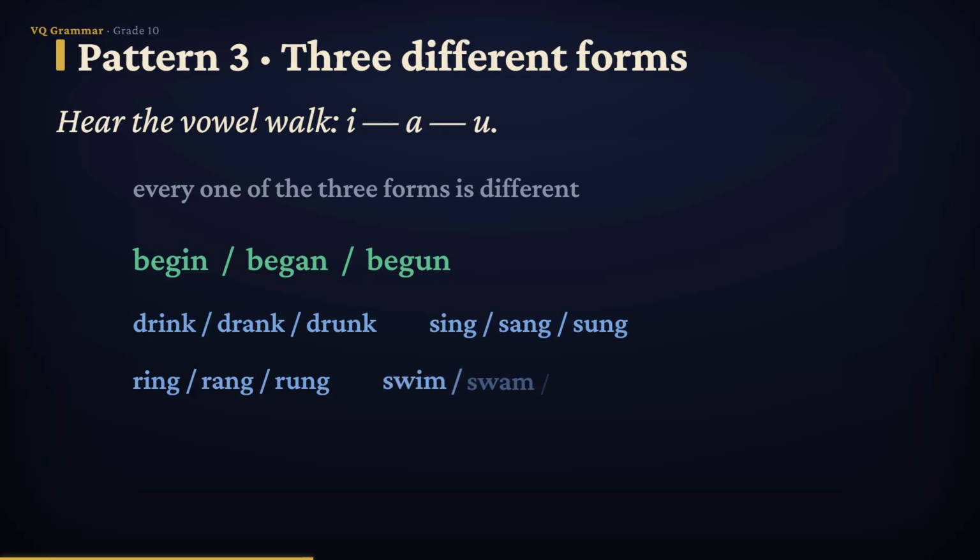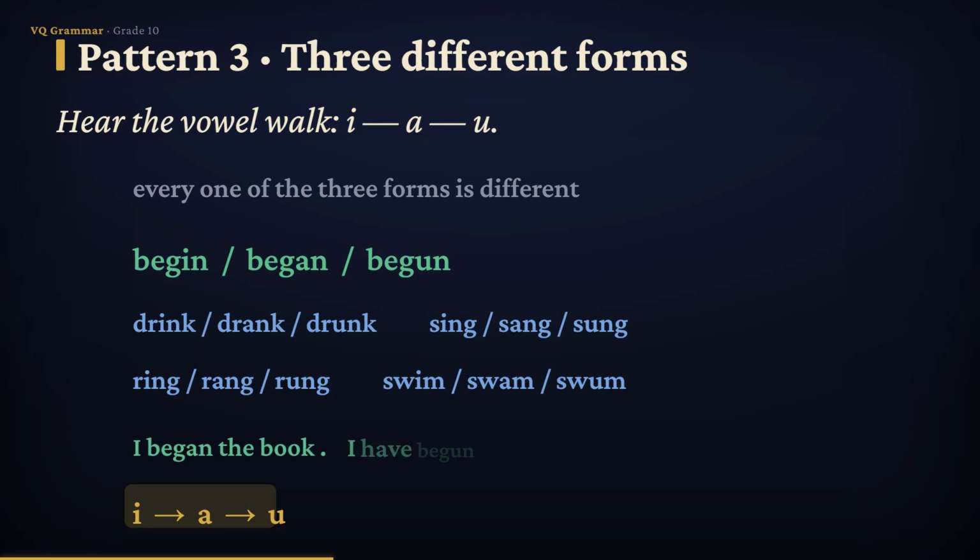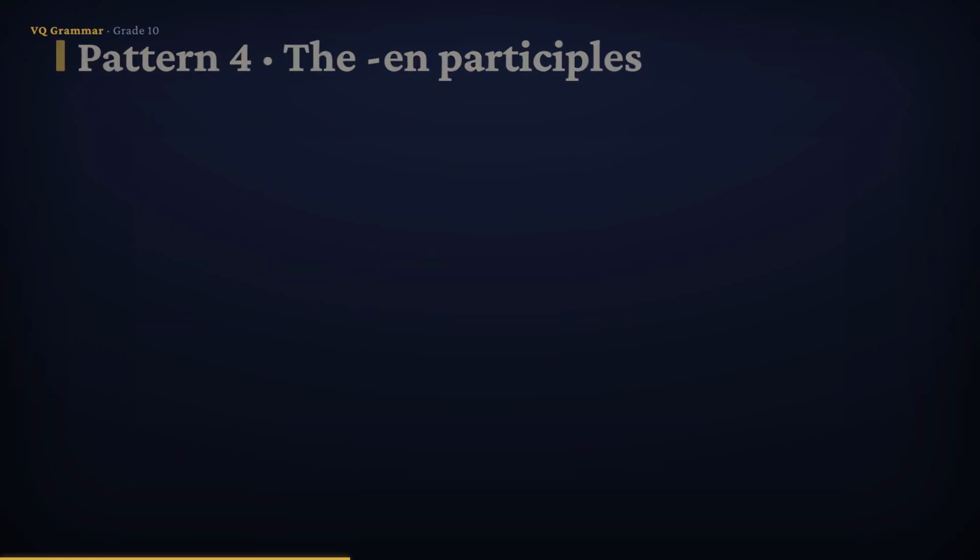Ring, rang, rung. Swim, swam, swum. Say them out loud and you can hear the pattern marching. In a sentence, I began the book last night, and I have begun chapter 2 already. Once your ear learns that walk, this whole family comes along for free.